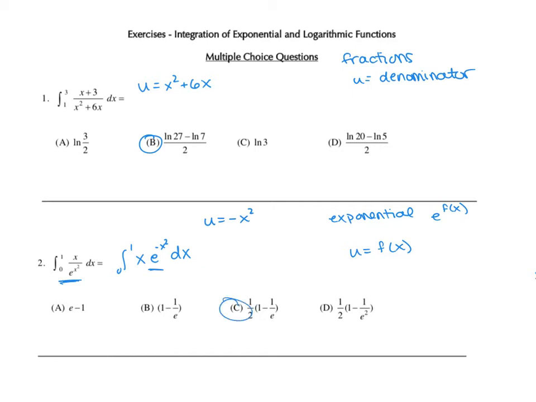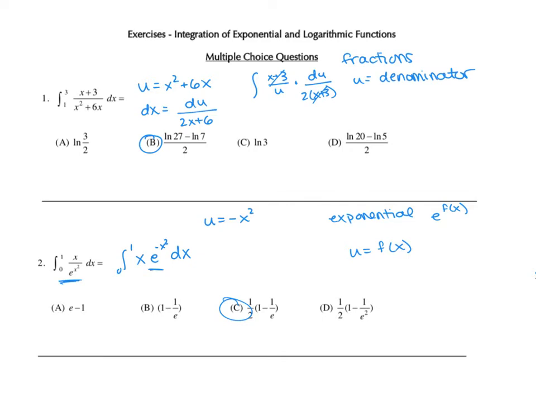For the first problem, if u is x squared plus 6x, then your expression for dx should be du over 2x plus 6. So in our substitution, I have x plus 3 over u. And looking at that x plus 3, I'm going to write this 2x plus 6 as 2 times x plus 3, so it is a little bit more clear that we can simplify.